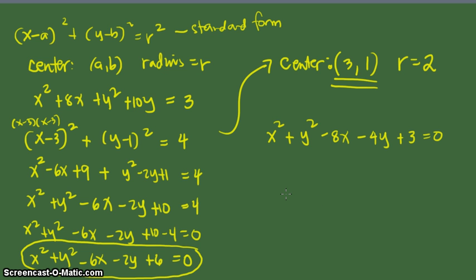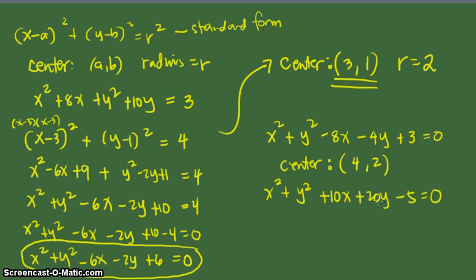I'm going to tell you what is the center of this circle. The center will be at 4 and positive 2. Okay, are you getting the pattern? I'll create another equation. Suppose I have x squared plus y squared plus 10x, say plus 20y minus 5 is equal to 0.